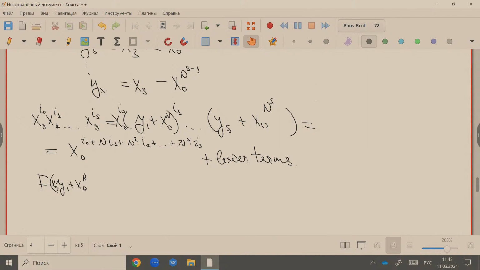So if you will substitute this change of variables in your full polynomial, what will you get?